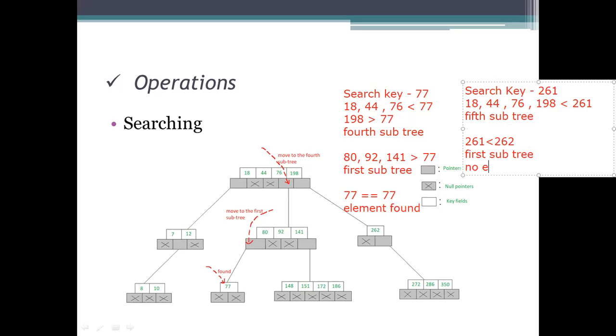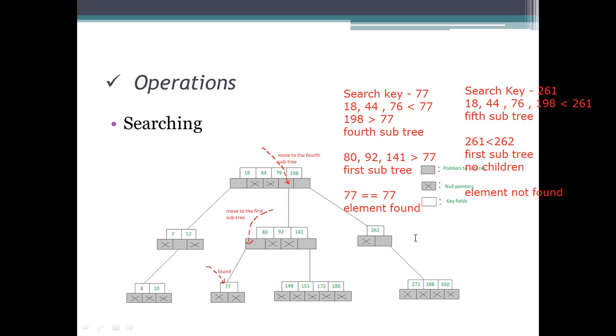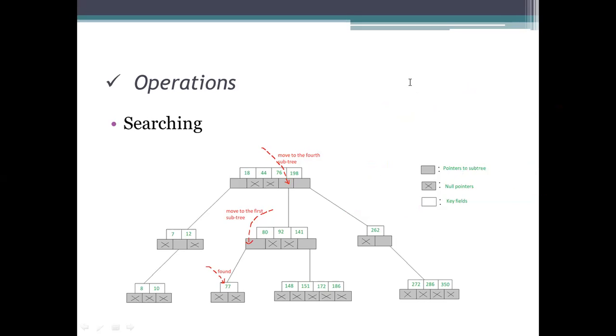No element is there, meaning no subchild, no children at that first subtree. Then finally we say that the element is not found. Okay. So compared with the other approach, it is a somewhat easy task when dealing with this multi-way representation. And coming to the insertion.